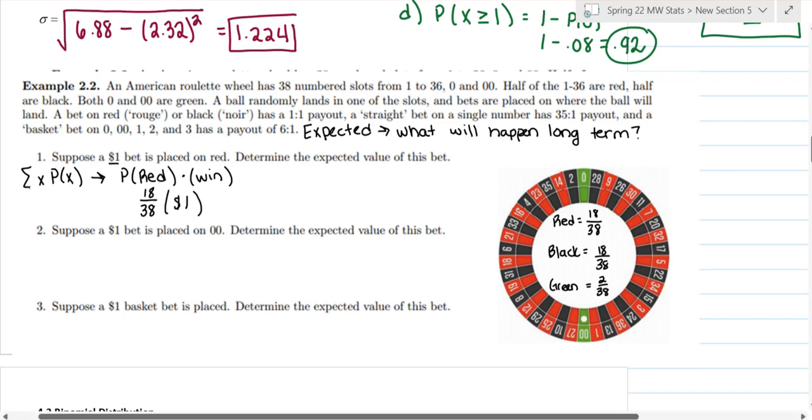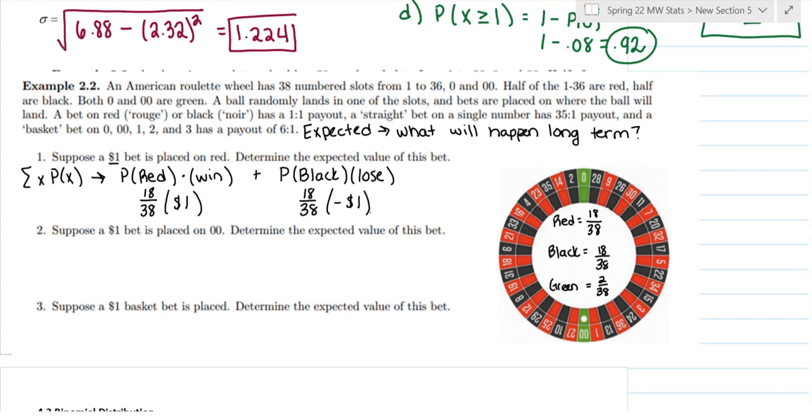So this, because it's the sum of your possible outcomes. So then we would add the probability of black. And if it gets black, then I lose. So that would be 18 out of 38. And then I'm negative $1. Because I gave them my dollar, and they took it. And green is same thing.